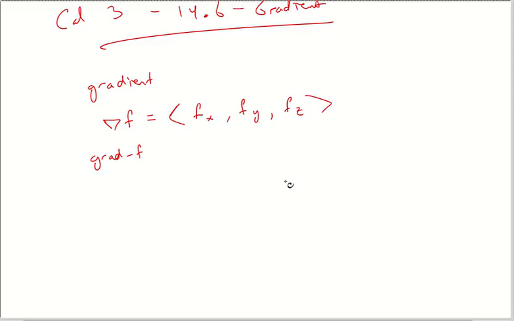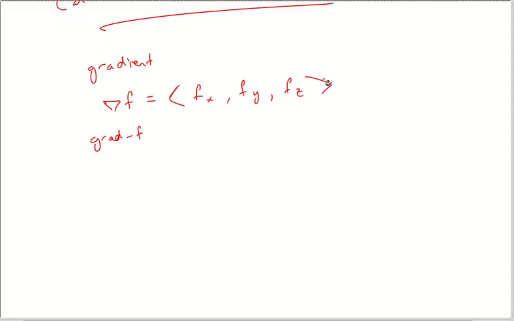So what's going on here is you basically have your partial derivatives with respect to the axes x, y, and z. Essentially, these are your slopes. This is a slope vector in a way.